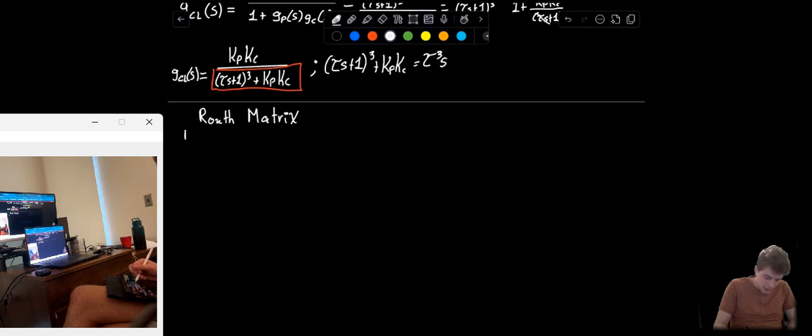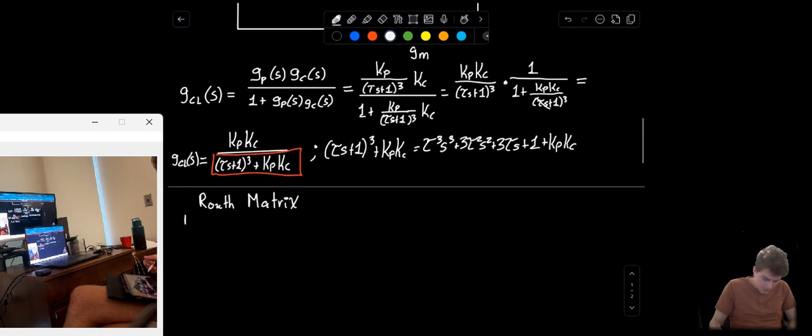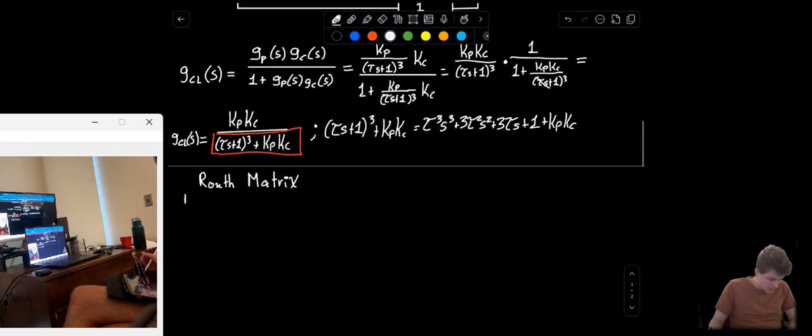Tau cubed s cubed plus 3 tau squared s squared plus 3 tau s plus 1 plus kp kc.